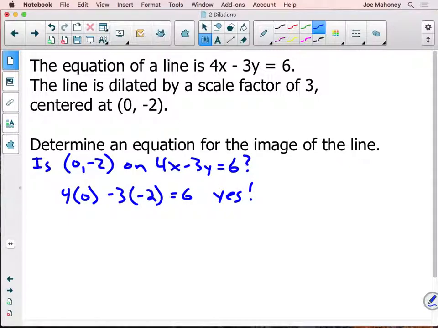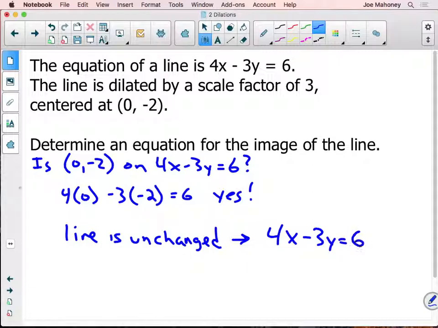So that means the line's equation is unchanged. The answer is just going to be 4x minus 3y equals 6. We don't change it. If the point wasn't on the line, we'd have to do the dilation. But if the point is on the line, you're done with the problem.